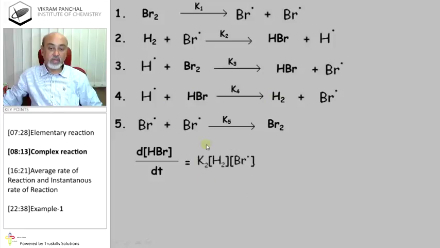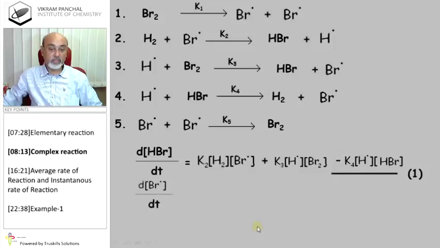So we write K2 [H2][Br dot] plus K3 [H dot][Br2] minus K4 [H dot][HBr]. This is equation 1.